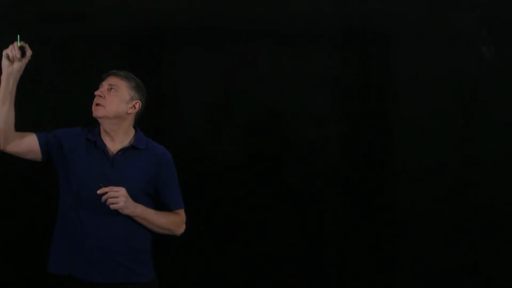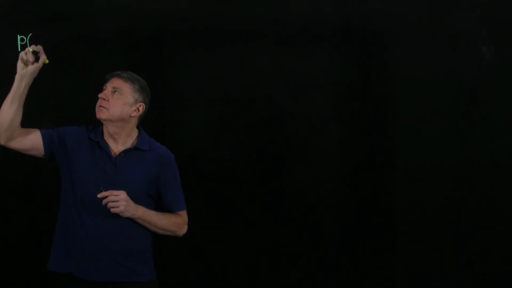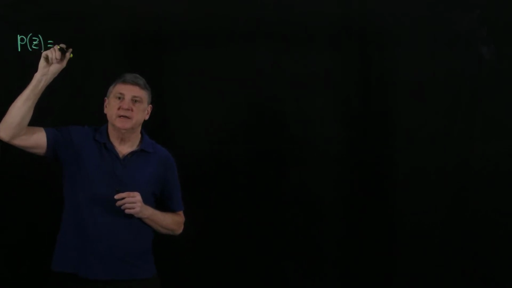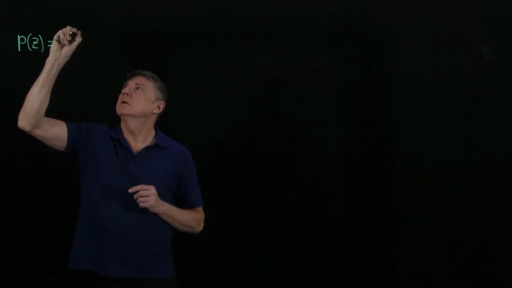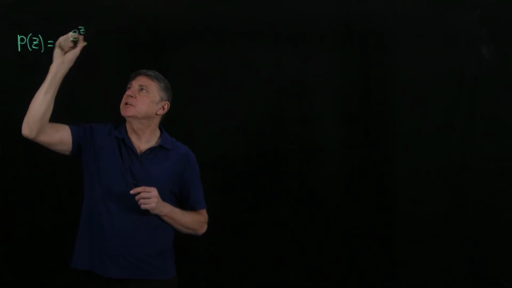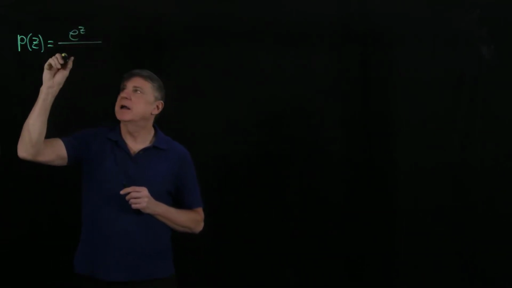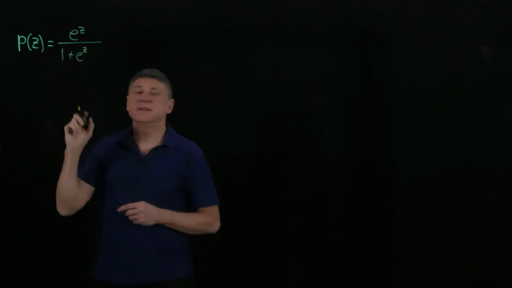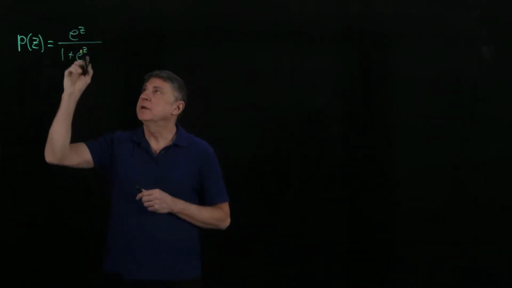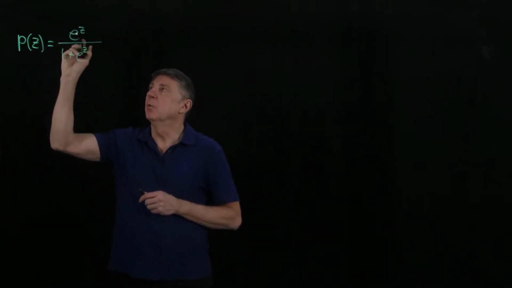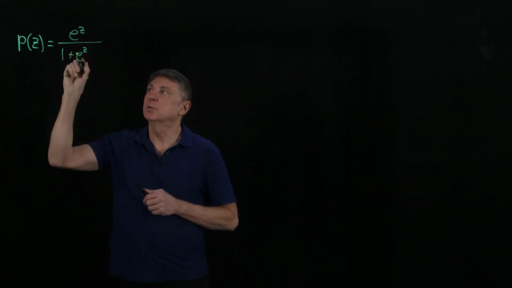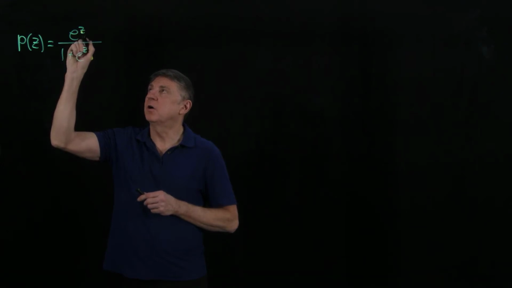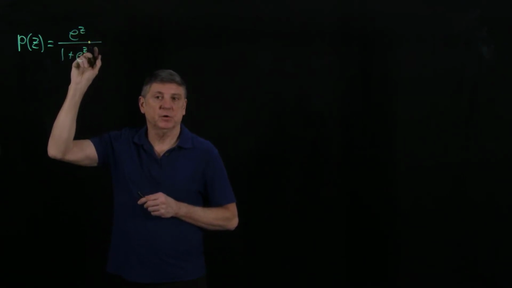So the probability of a score, we said, was the exponential of the score divided by 1 plus the exponential of the score. And this came because we said that the probability was the odds over 1 plus the odds, and we said that the odds are the exponential of the score.